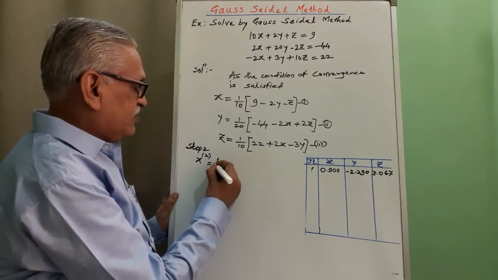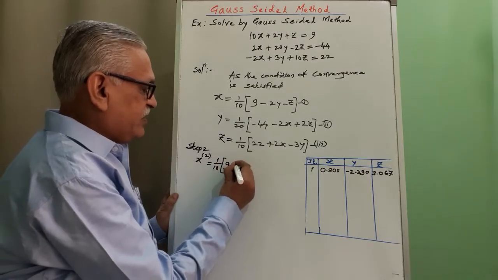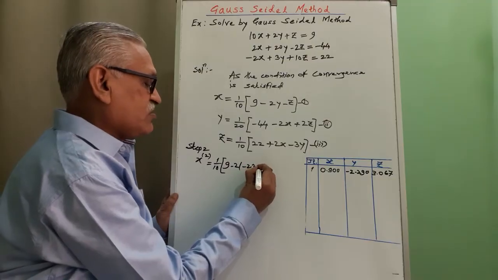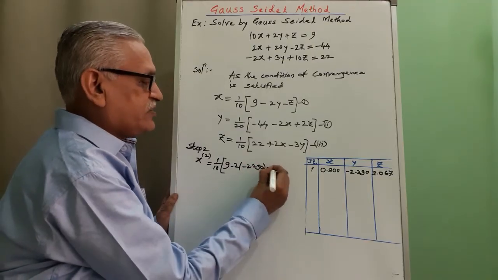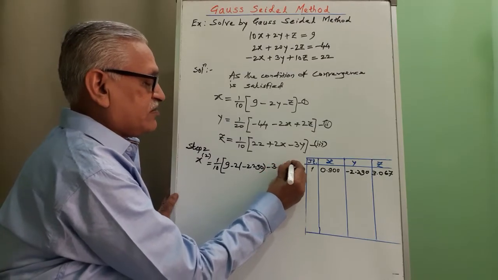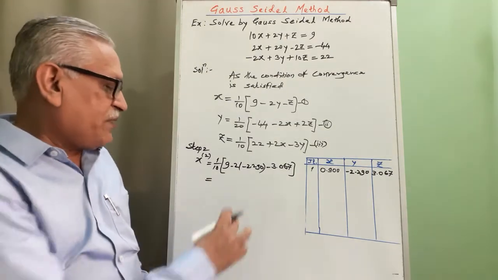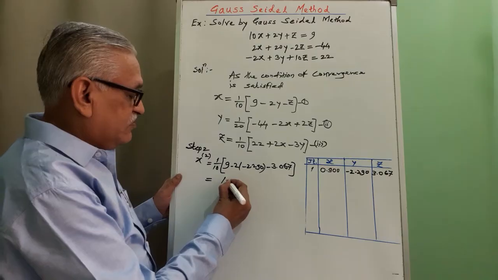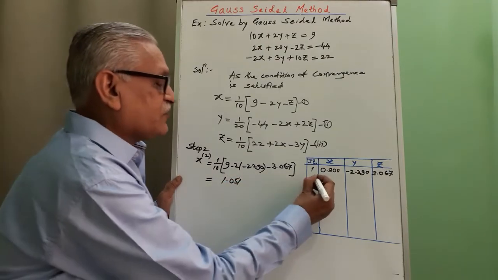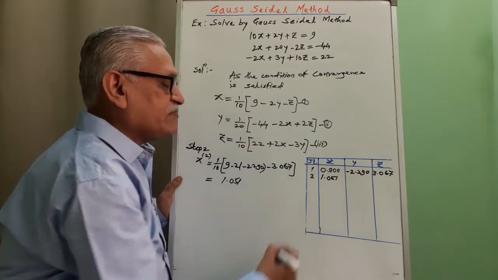So x2 is 1 by 10 times 9 minus 2 times y, which is minus 2.290, and minus z, which is 3.067. Simplifying it by calculator, we get 1.051. Substituting here, we get 1.051.